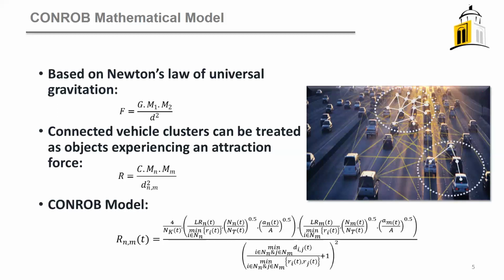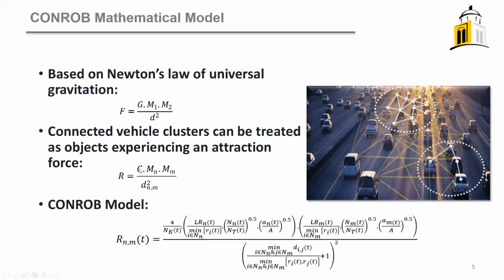As we all know, it measures the attraction force between two objects using the law that we all know here. So we said that similarly, we can say that instead of the attraction force, we have something called connectivity, robustness, and stability, or the potential of the clusters to merge and their ability to maintain the communication that they already have.